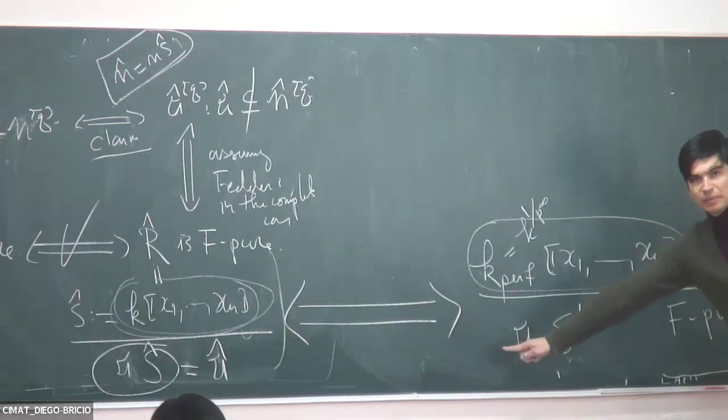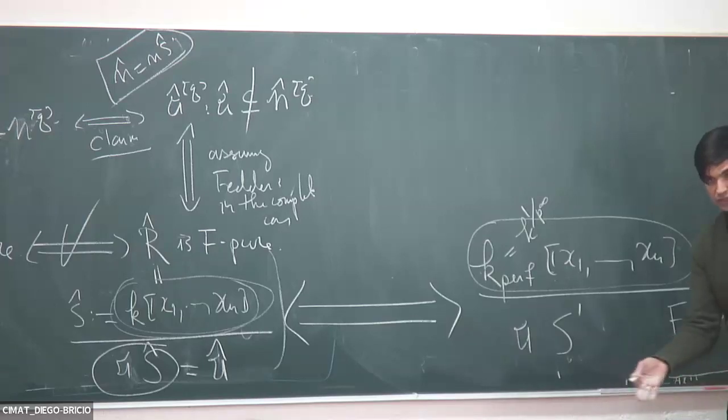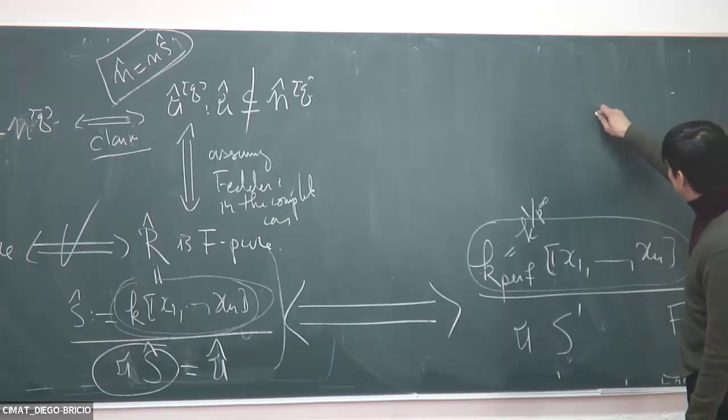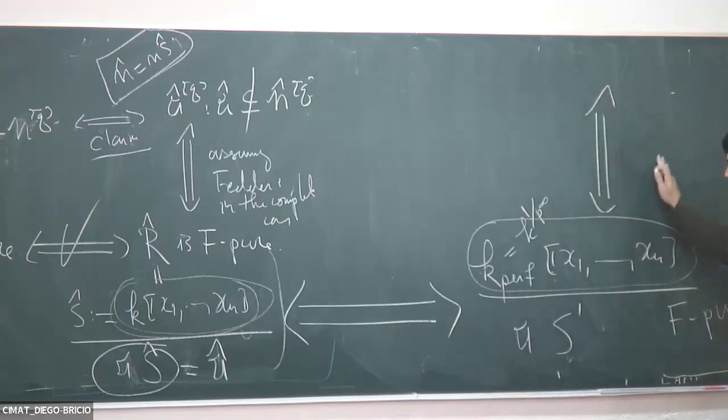So this is the first remark we made today. If I have a complete local ring, I can replace this residue field like that, and purity remains the same, right? So let's pretend that I could prove Feder's criterion here. Let's pretend.